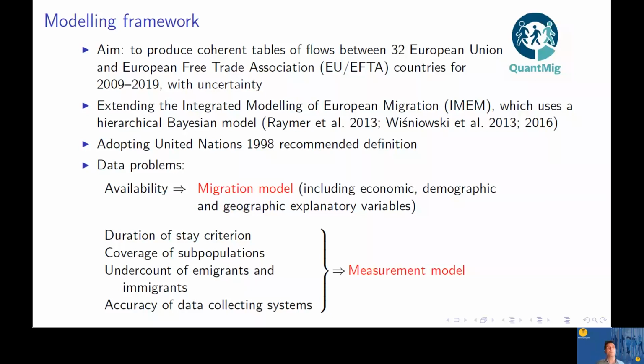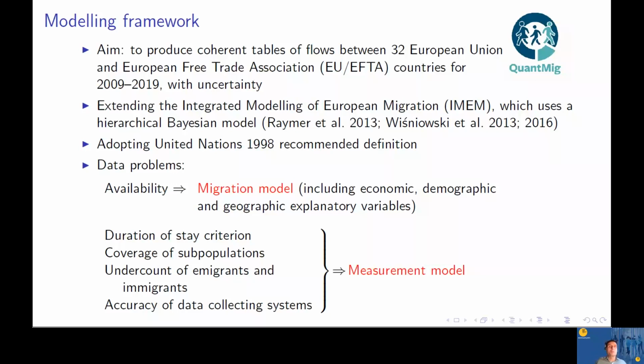So our aim, to summarize, is to produce coherent tables of flows between the 32 European Union and European Free Trade Association countries, the EU EFTA countries, which is quite a large part of Europe, and I may just call it Europe, but not all countries in Europe are actually in the EU or EFTA. And we're going to do this from 2009 to 2019.